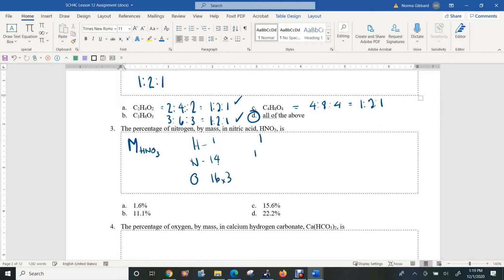So this adds up to 63. But we want nitrogen. So nitrogen is 14 divided by 63, and it's a percent, so we multiply by 100, and that works out to be 22.2%, which is D.